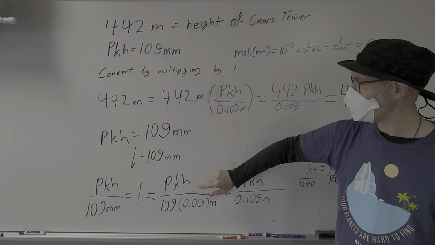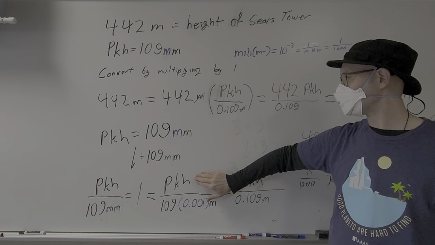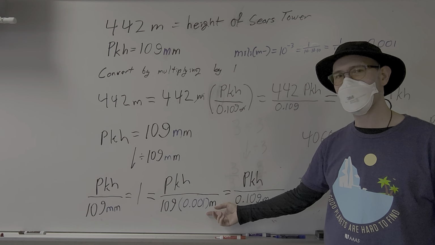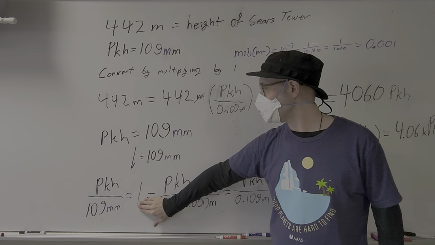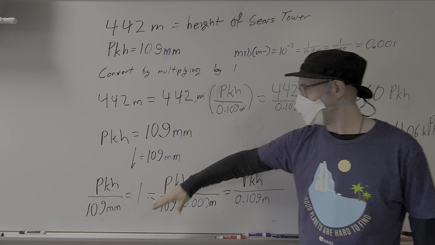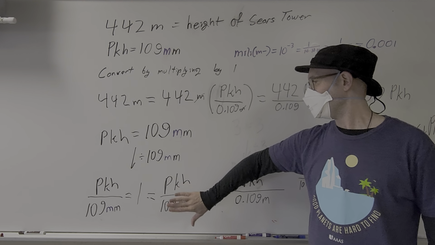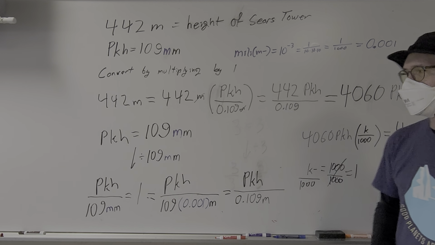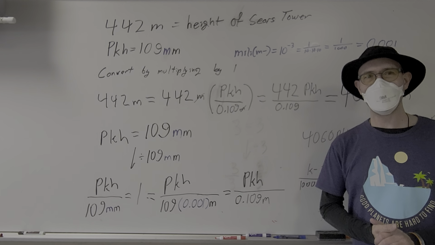If you're converting units, you want to make sure the unit you want to end up with is on top, and the unit you want to get rid of is on the bottom. The inverse of 1 is still 1, so if you solve this, you can just flip it if you want to go the other direction. I hope this video was helpful.